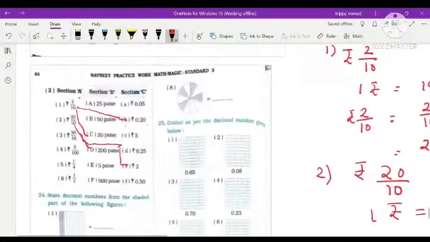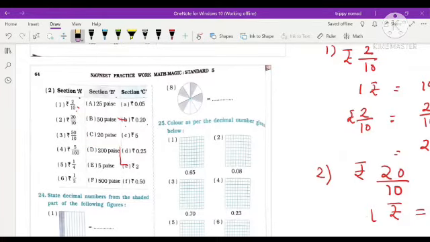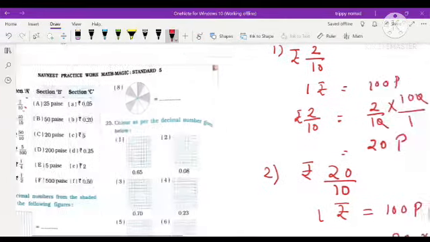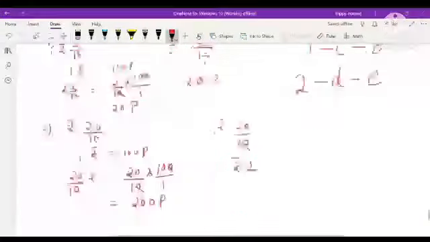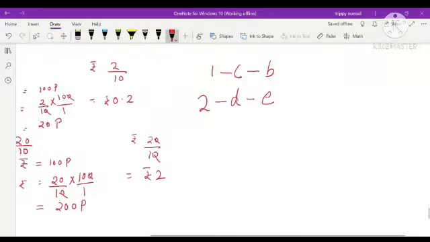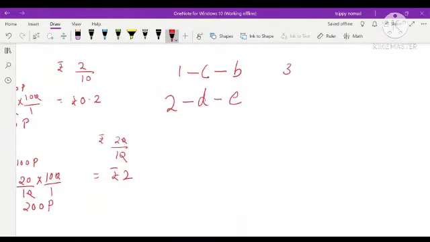Third, same way, children, 50/10 rupees they have given. Sorry, not 10, 50/100.